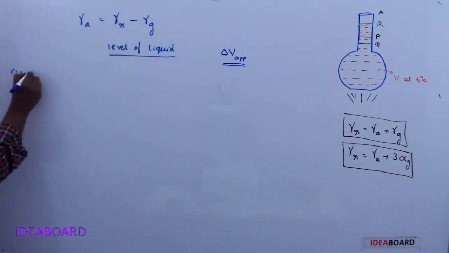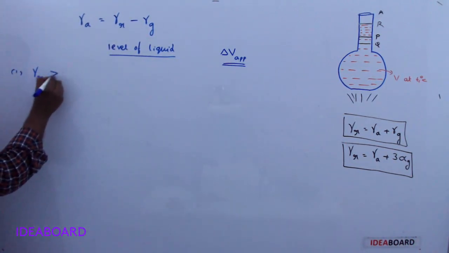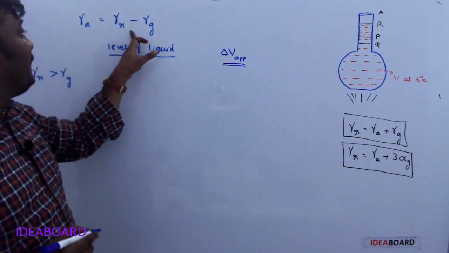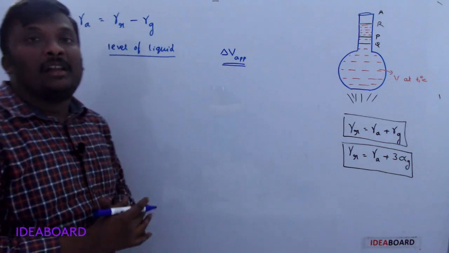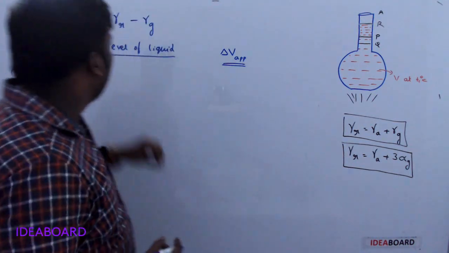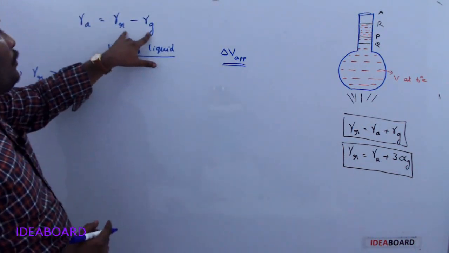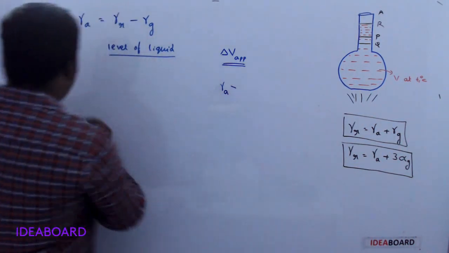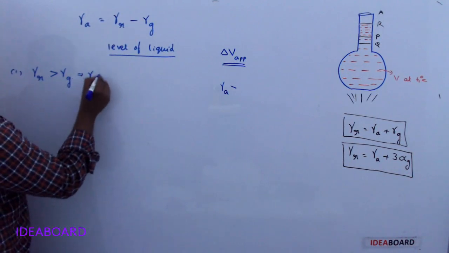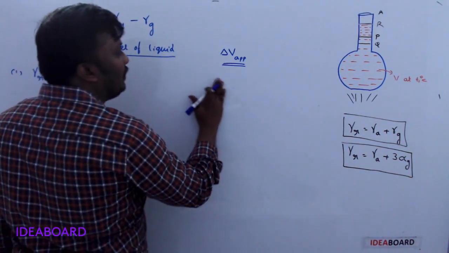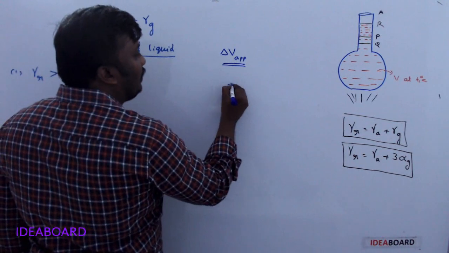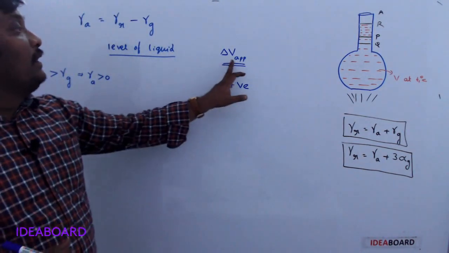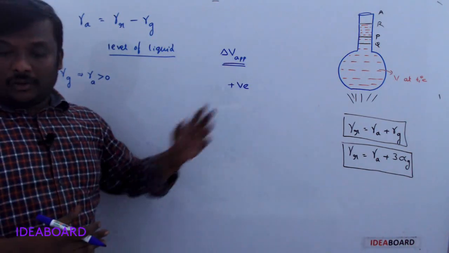First of all, suppose gamma R is greater than gamma G: the real expansion of liquid is more than the cubical expansion of glass. No doubt this value is positive, so gamma A is positive, and the apparent increase in volume is also positive.